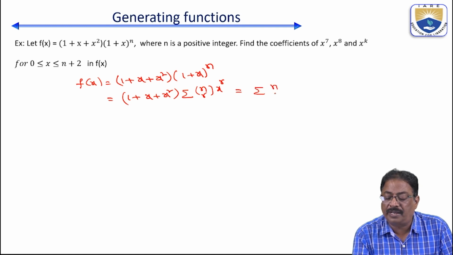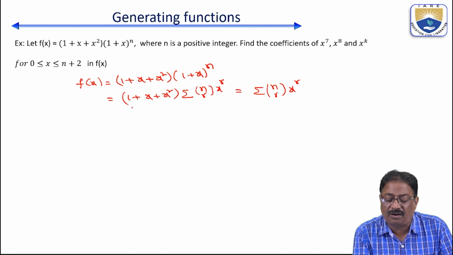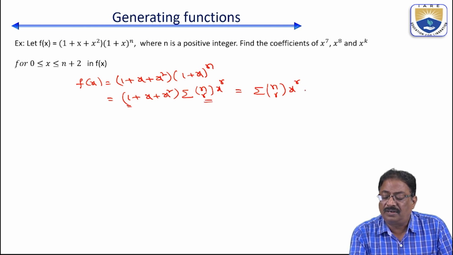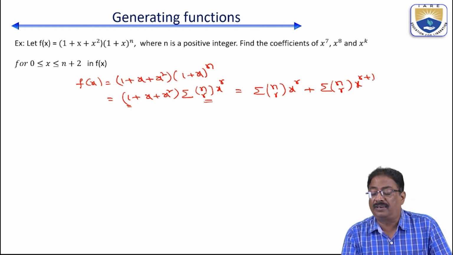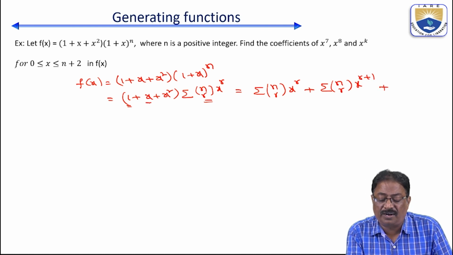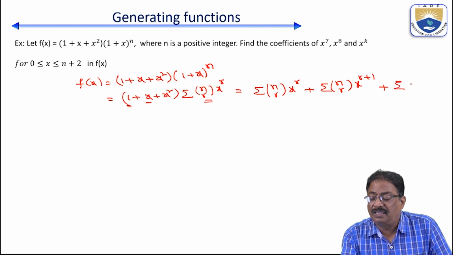So I get nCr x to the power of r, 1 into this. Next plus nCr, then x to the power of r plus 1. The next one, this one and this one, next nCr x to the power of r plus 2.